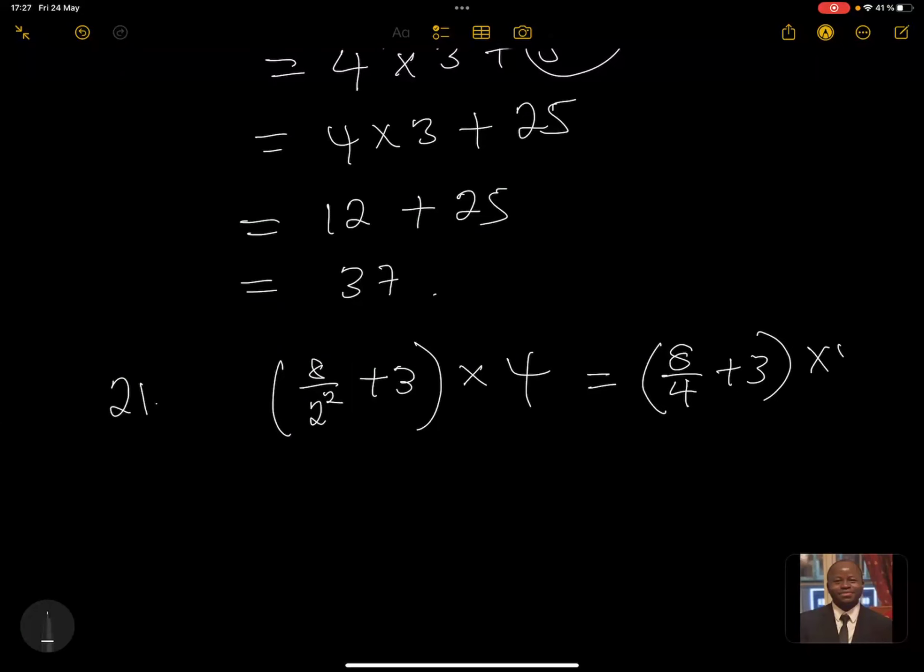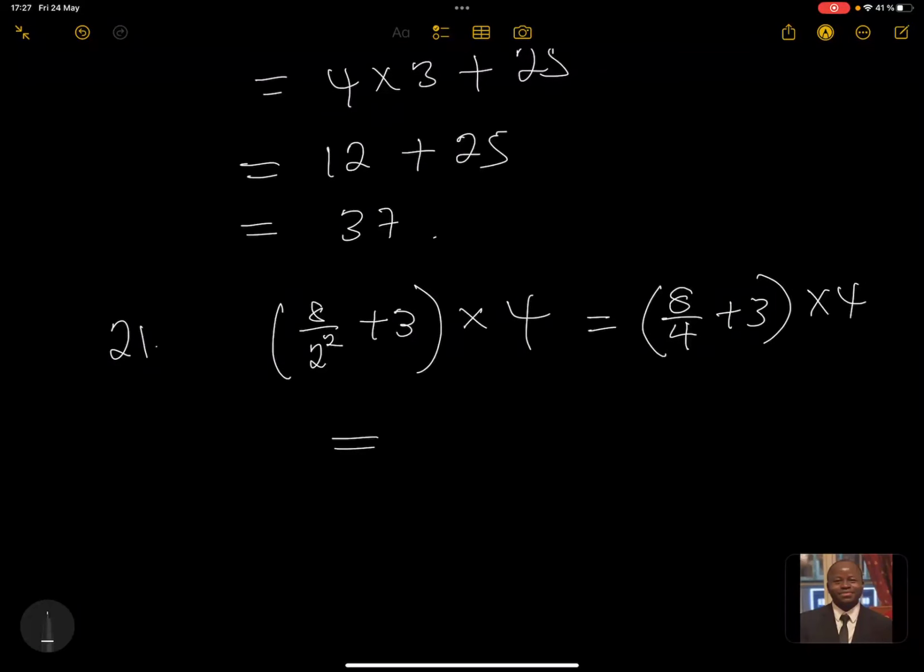Then multiply by 4. Again, here we have 8 divided by 4 plus 3. We have 2 operations, division and addition. So you have 8 divided by 4, that gives 2, plus 3, multiplied by 4. Again, you finish what is in the bracket. 2 plus 3 gives 5, multiplied by 4.